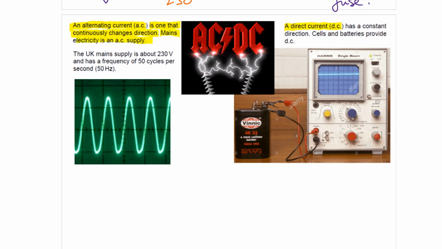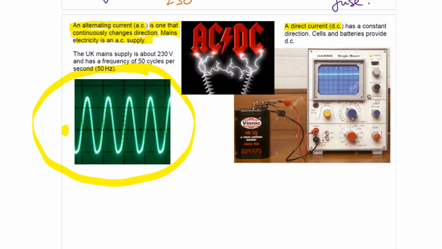Mains electricity is an AC supply, and you can see here that the current is changing direction. At this point here, it's 0. And of course, it's going up, down, and then moving the other way. It's a cycle, and it's changing direction continuously.